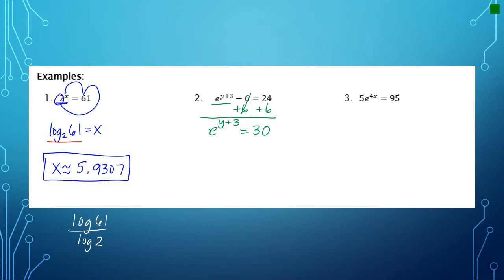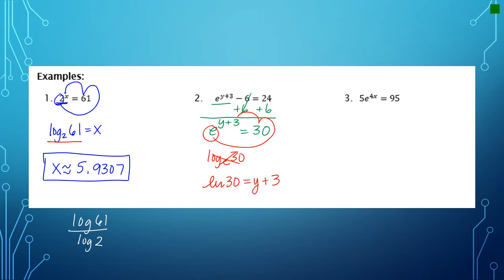Now remember that when you have base e, it would be e to the 30th equals y plus 3. But because it's base e, I'm not going to write log base e of 30. I write natural log of 30 equals y plus 3.